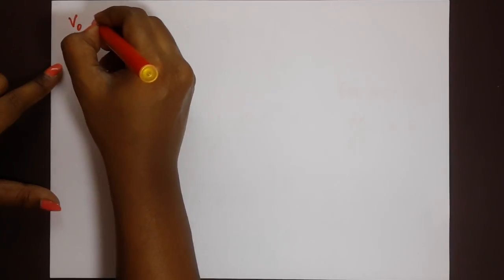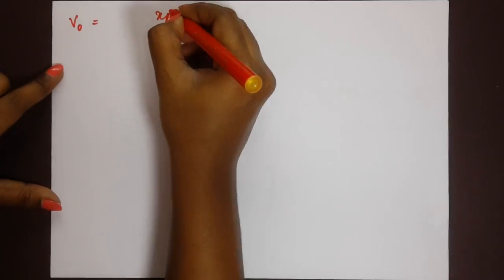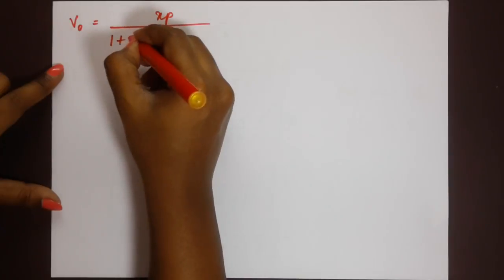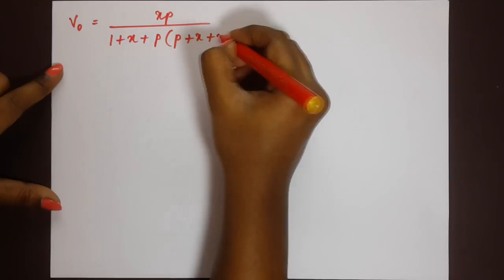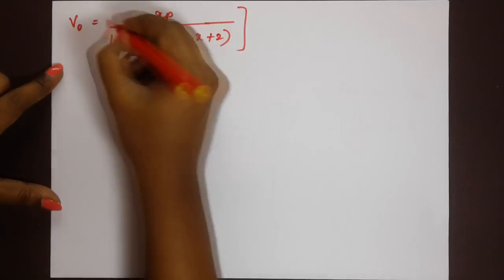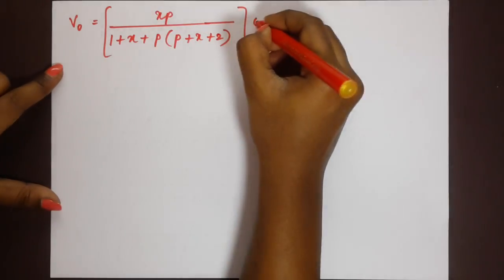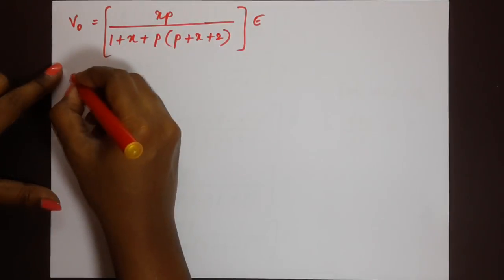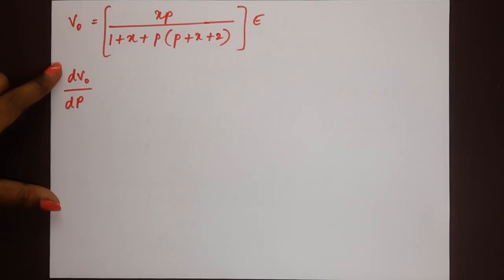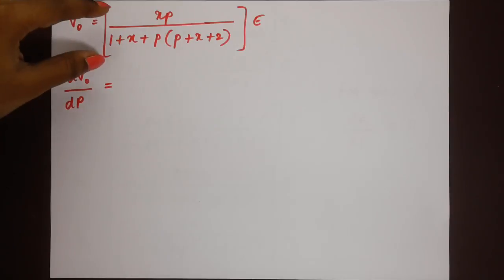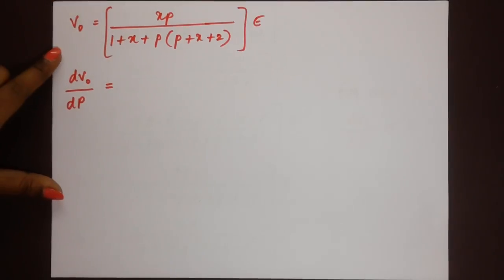We had V0 is equal to XP divided by 1 plus X plus P into P plus 2 plus X, into E. So dV0 by dP with respect to P. Now in this case let's assume that the value of E is unity, so it's 1. Now let's take the expression within the brackets alone and differentiate.